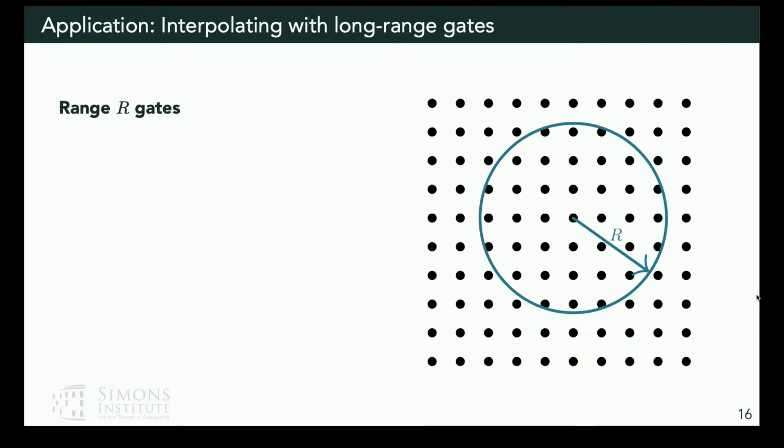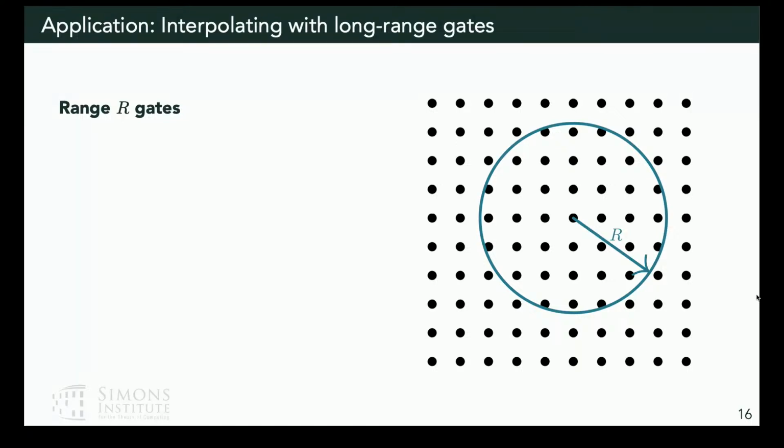One is that so far I've been talking about the setting of purely local gates on a 2D lattice. But if you give me some tunable range in which I can do gates, for example maybe some photonic platform, or some modular architecture like we saw in Ted's talk this morning, or maybe I can move my qubits in some way where asymptotically I'm still stuck with 2D, but locally I have some long-range gates that I can do.